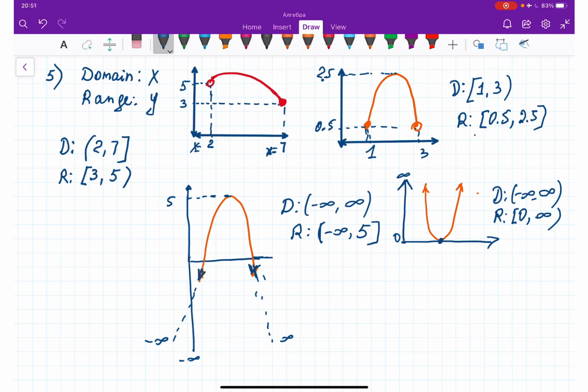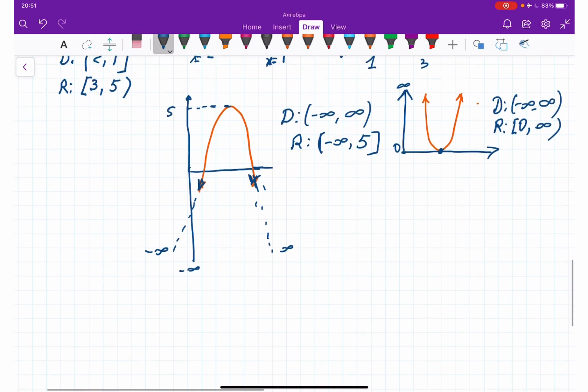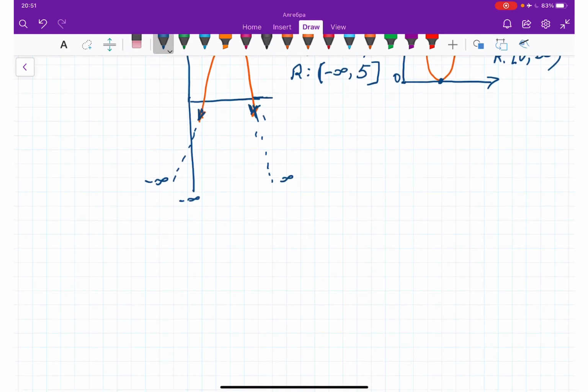Now, let's talk about steps and analyze the vertex. First of all, the fundamental graph for the quadratic function.